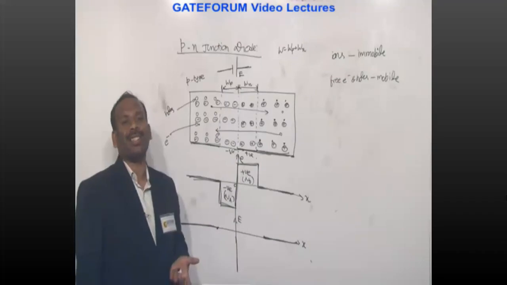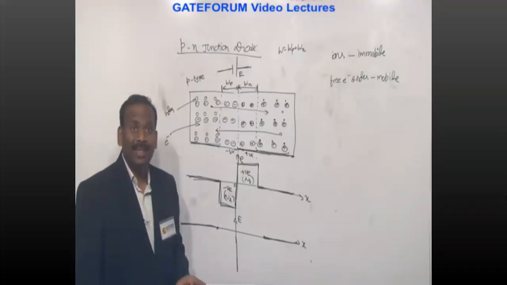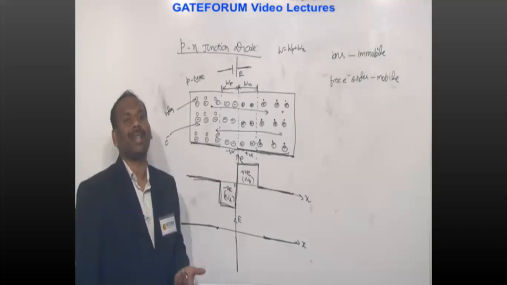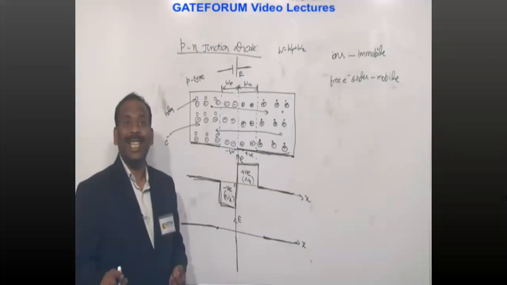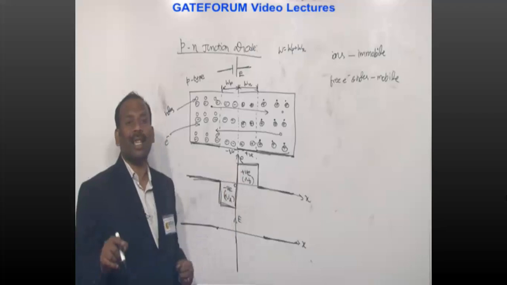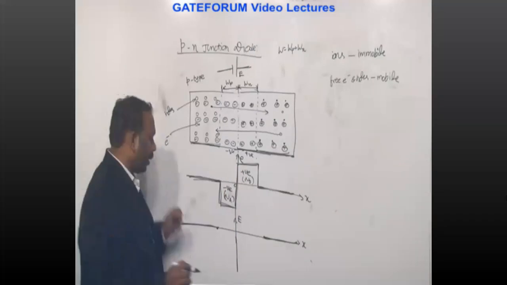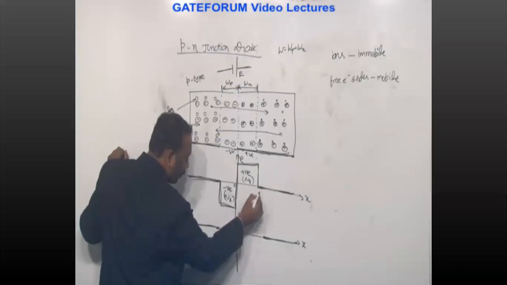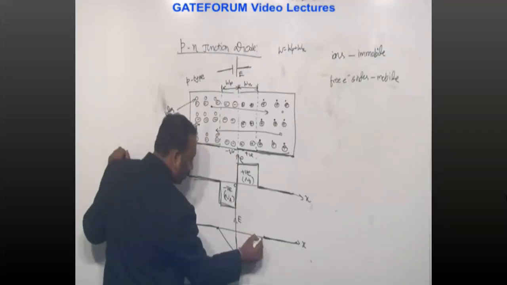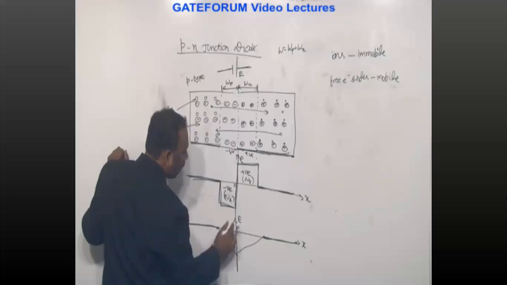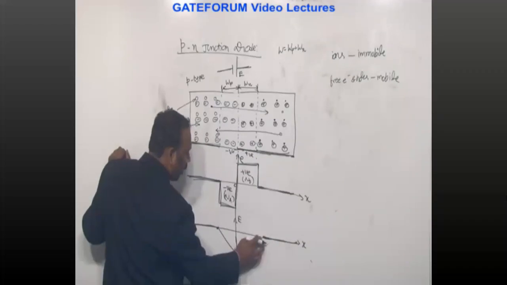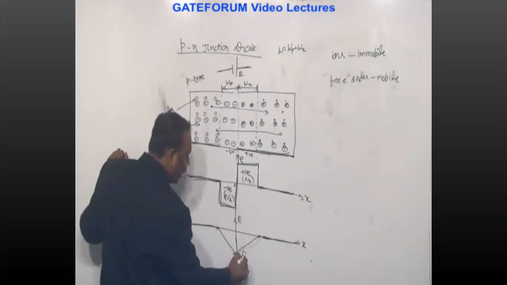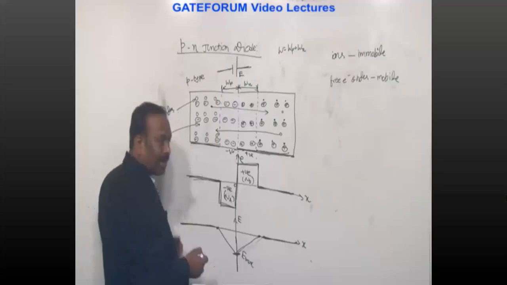If we integrate the charge density, you will get the electric field. E equals the integration of rho, that's nothing but charge density. Therefore, if you integrate this one, if you draw correctly, both will be equal. This is called electric field max, E max.